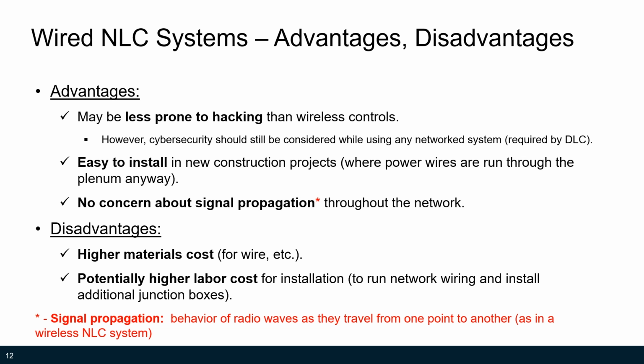Shouldn't be that big of a deal. And generally, you shouldn't have to worry too much about signal propagation. And that's because that's an issue that's associated with wireless systems, where we don't know how the waves are bouncing around the space. Here, we know they're going through the wires. In terms of disadvantages, you'll, of course, have some additional materials costs for the extra wire and possibly extra labor costs as well.